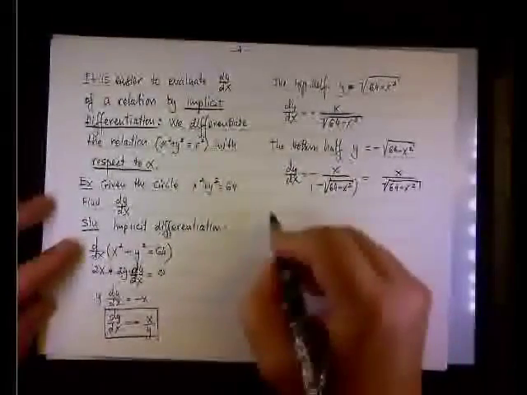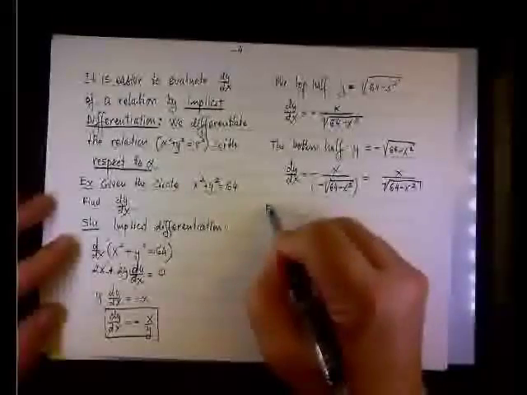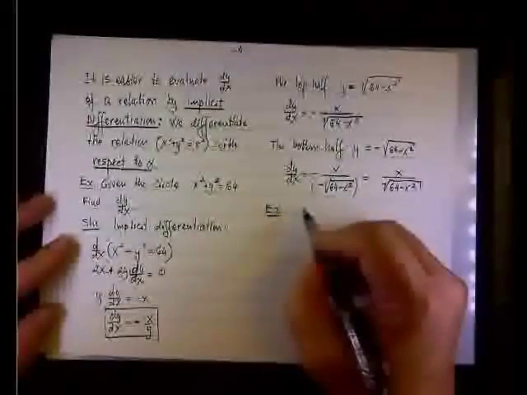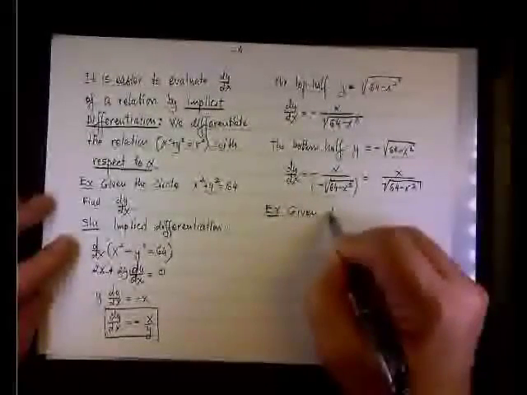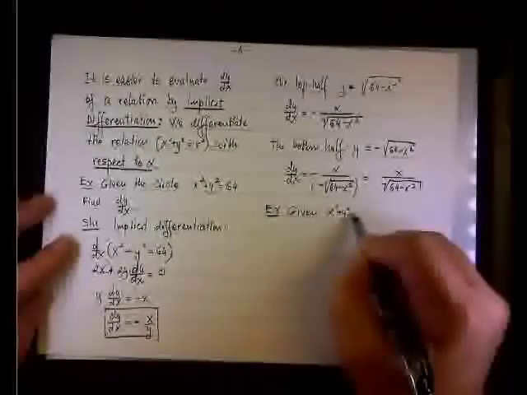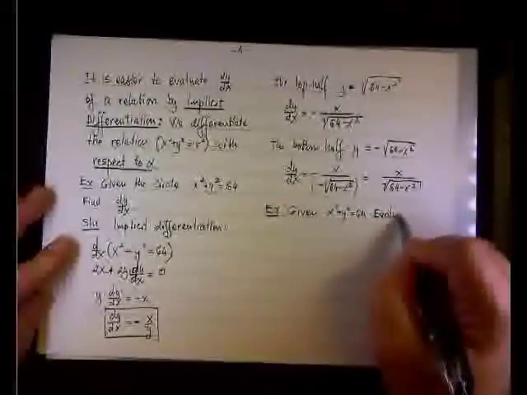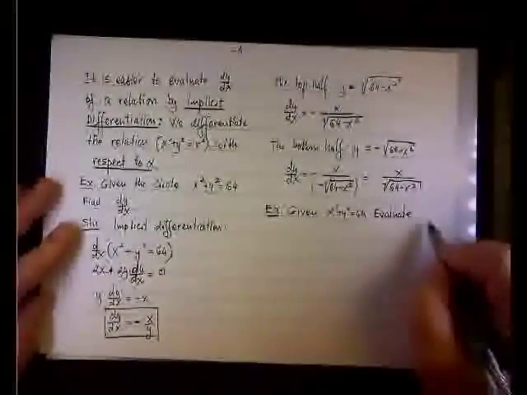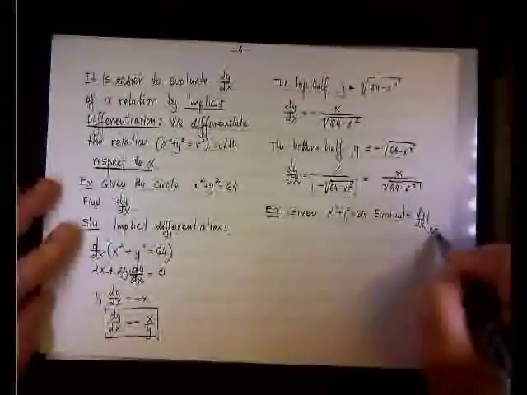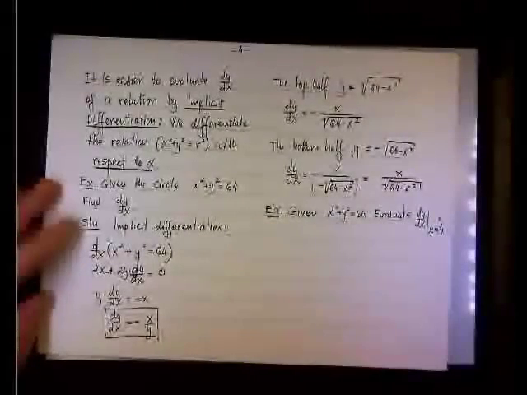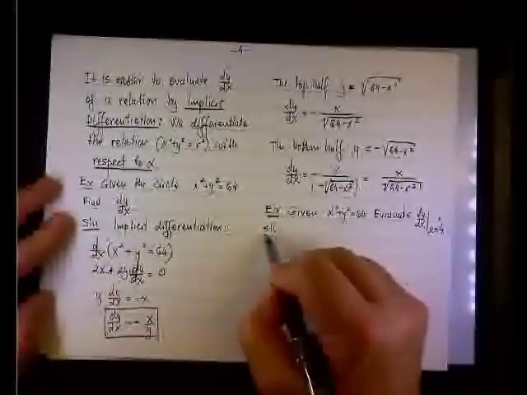And to follow up with an example, given the same circle, x squared plus y squared equals 64, evaluate dy/dx when x equals 4, like so. Okay, that's one of the ways to write it.